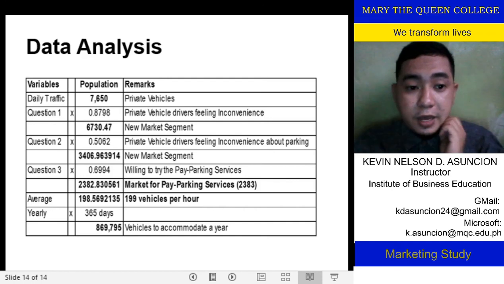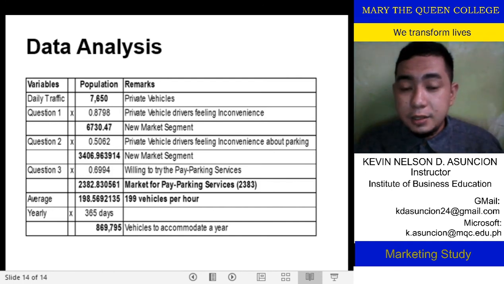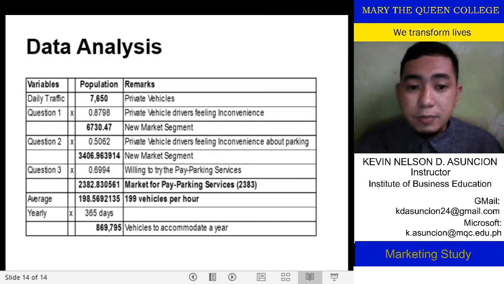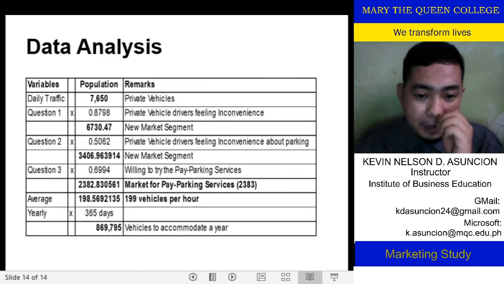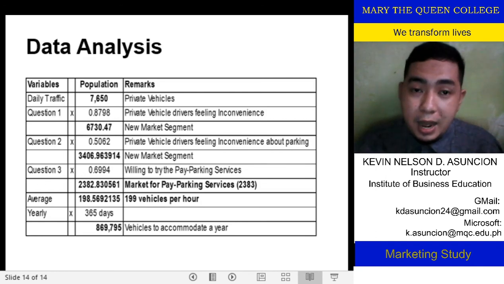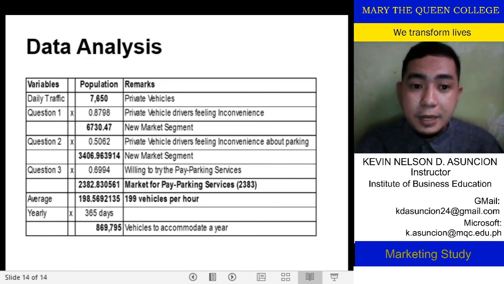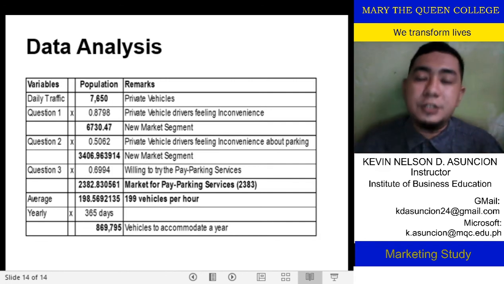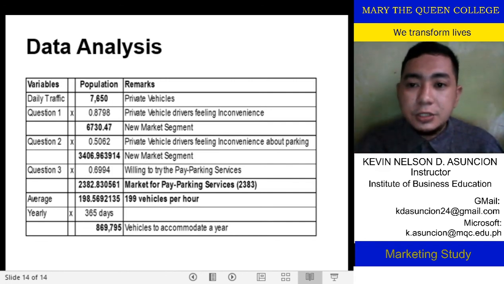It is not the 7,000 market. It is not the 7,000 vehicles passing there. They might just be passing through, right? So you might not know. For you, for example, it's a meat shop. Not everyone from there will buy. There are demographic reasons, psychographic reasons, and behavioral reasons why one customer differs from another.